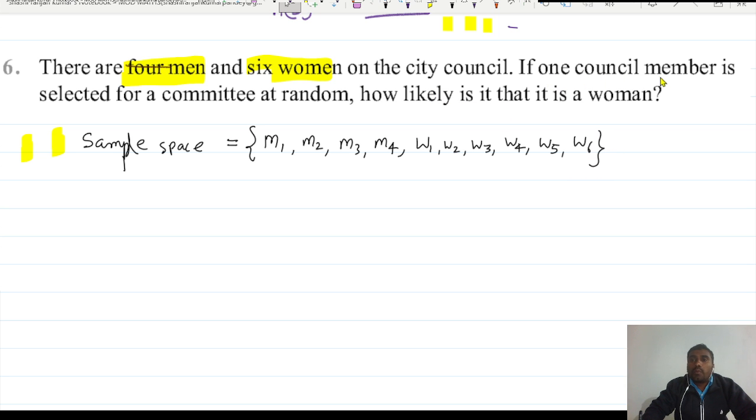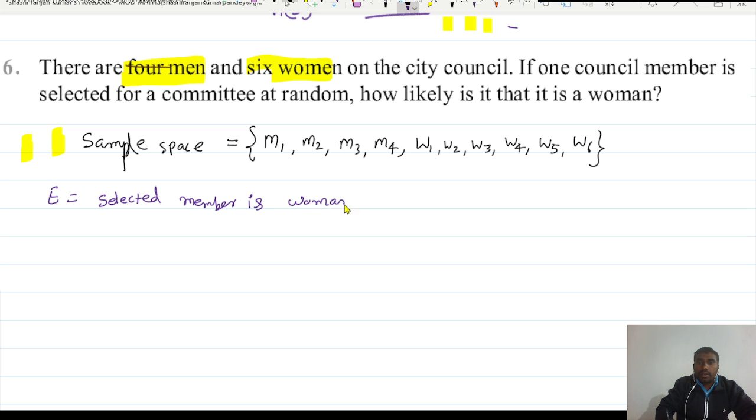Okay, so one member we have to select. How likely is it that it is a woman? So what is the event that we have made? The event that the selected person, or selected member, is a woman.